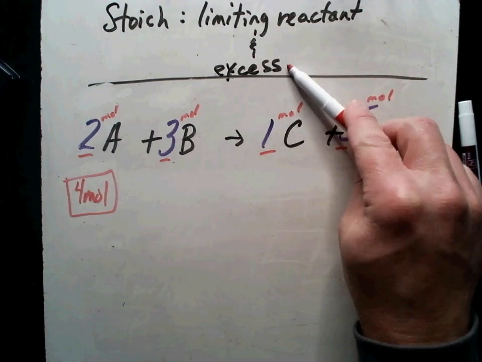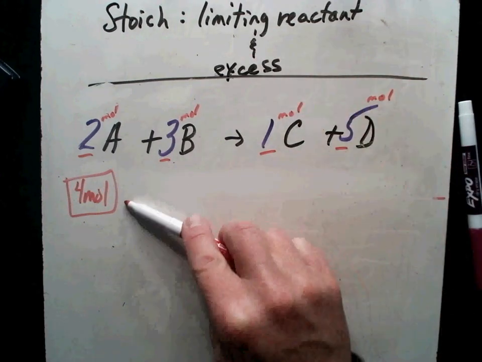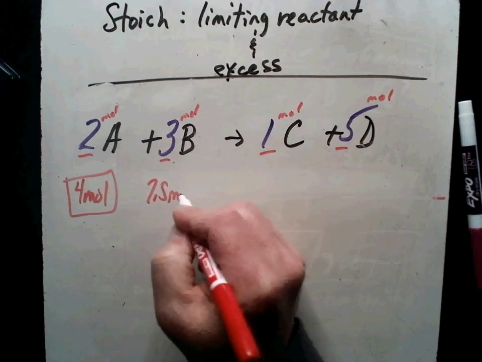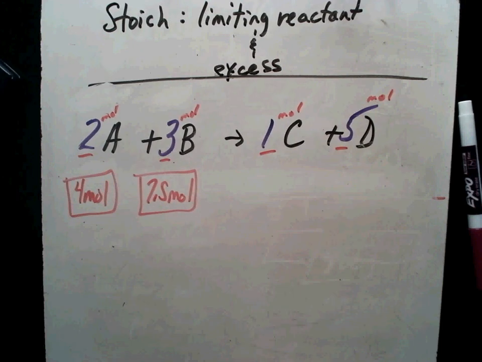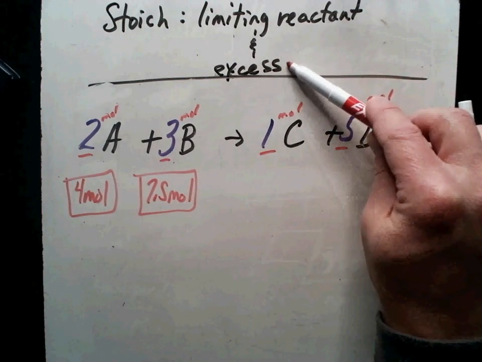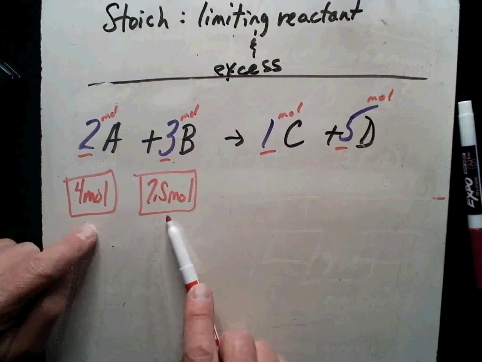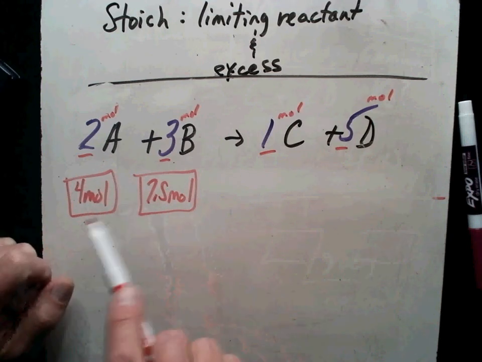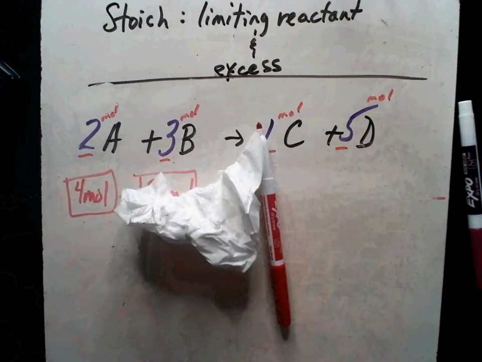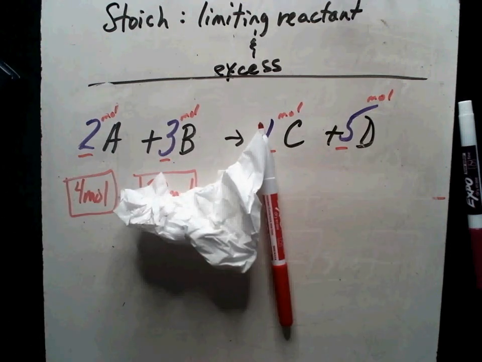If they give me one number, it has nothing to do with this and this, because it doesn't matter who runs out. I only have one thing to work with. If they give me 2 numbers, there's my 2 start numbers. This is when I have to worry about limiting reactant and excess. Figure out who runs out first. Whoever the excess is, mark them out and use the other one to calculate your values. Not a very difficult skill. You can do this.